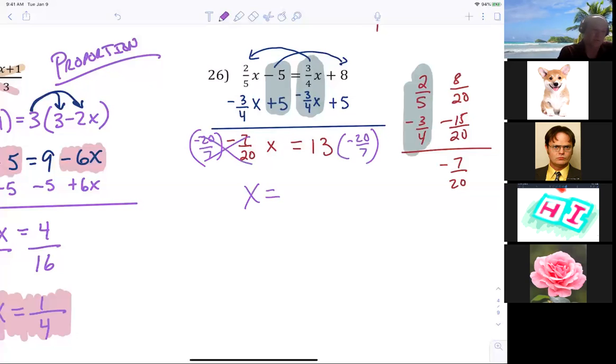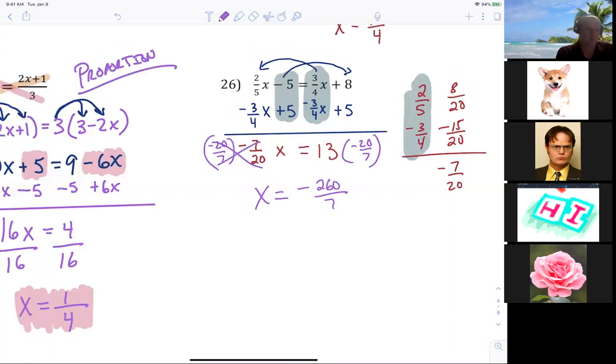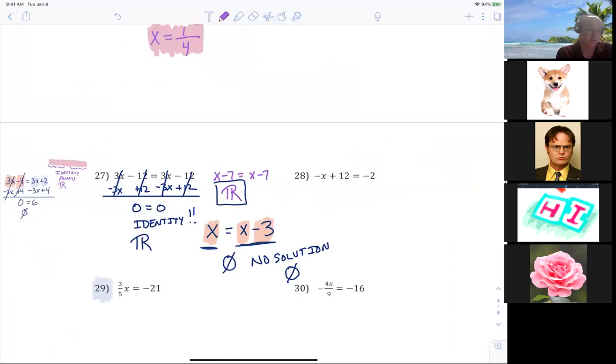X is equal to positive times a negative is a negative. So now 20 times 13 is 260 over 7. How's that? Everybody good? Any questions? All right, I'm pretty happy with that.